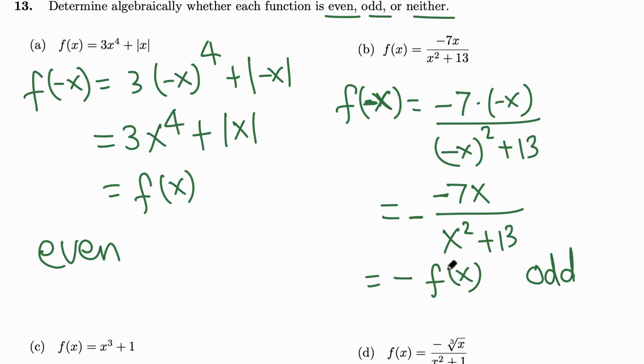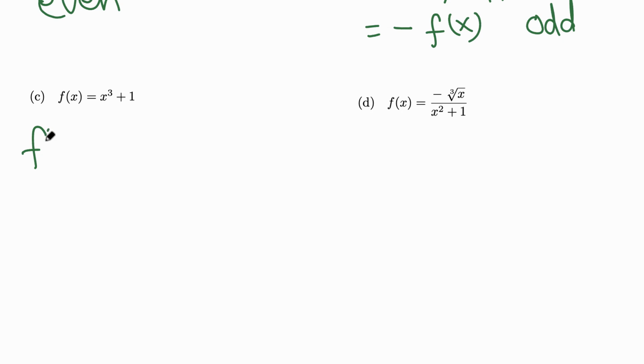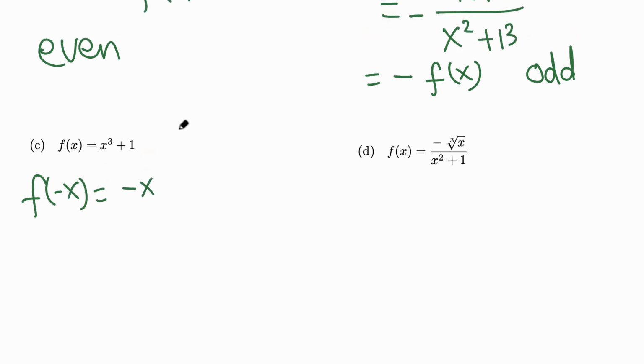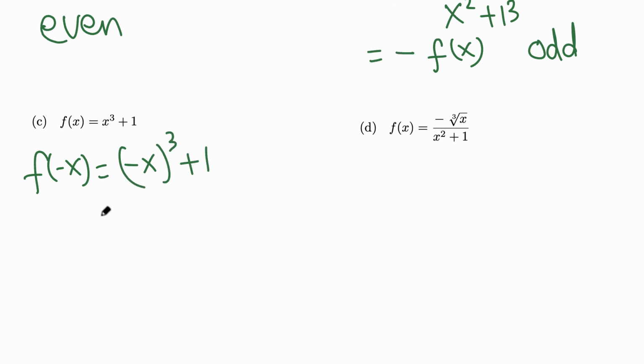So if we get the original function, even; negative of original function, odd; if we get none of these, then neither. So let's look at here. Replace x by negative x, we get negative x cubed plus 1. Negative cube means negative x cubed plus 1.